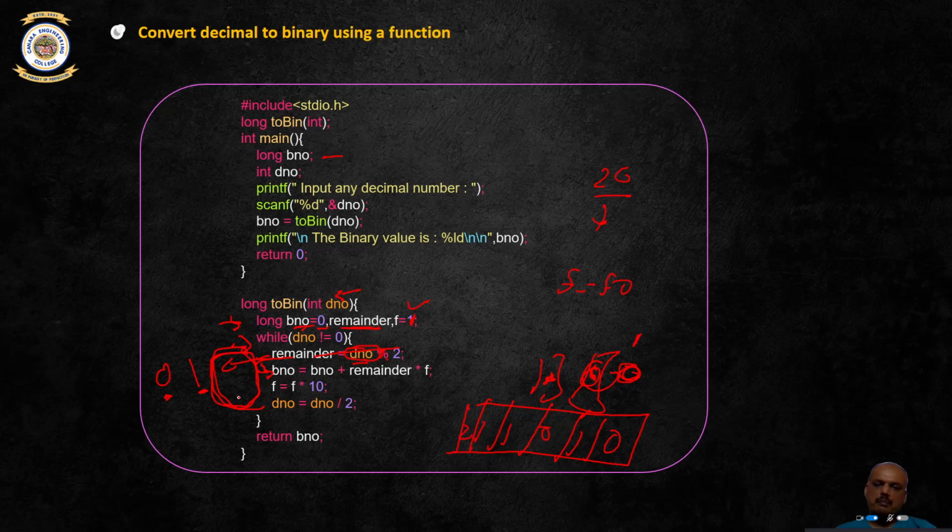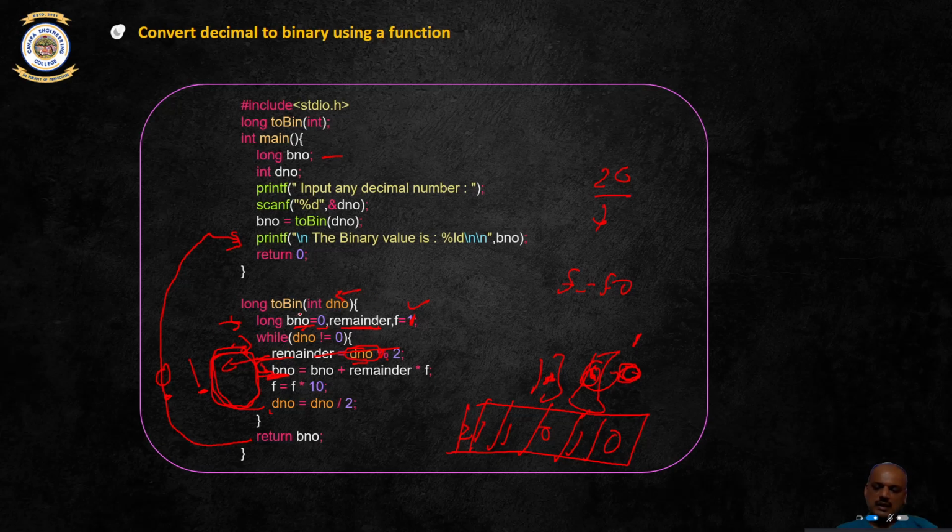Now, long is an 8 byte number, not 32 byte. So 8 into 8 bits, that is 64 bits. You get that in bnum because it is a long, and then you return the value of bnum, which gets printed out there.